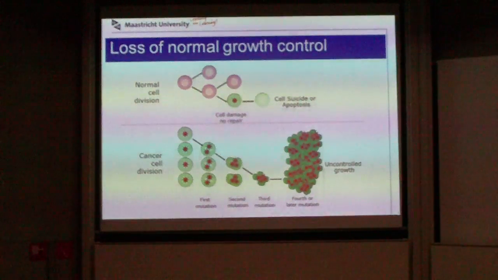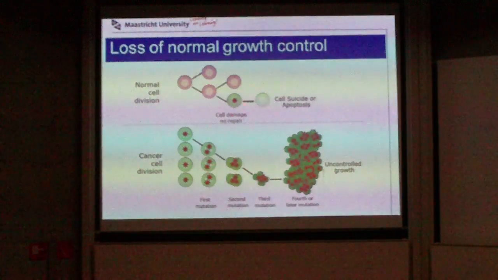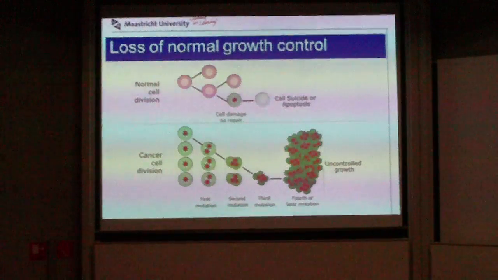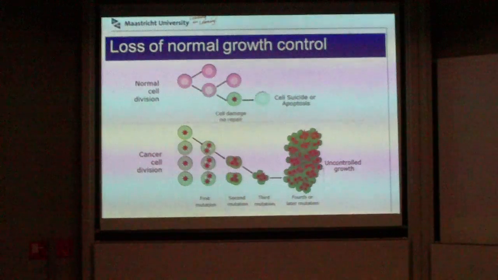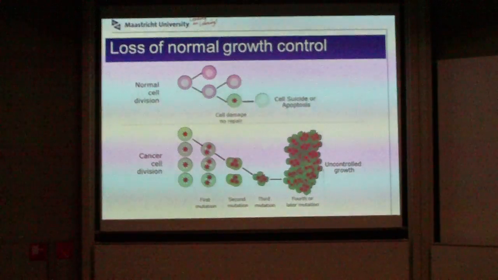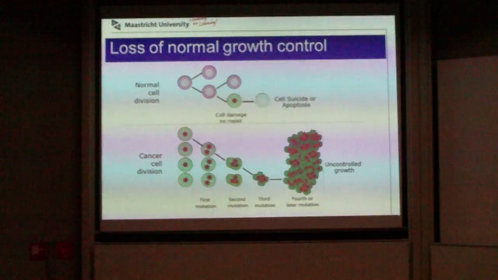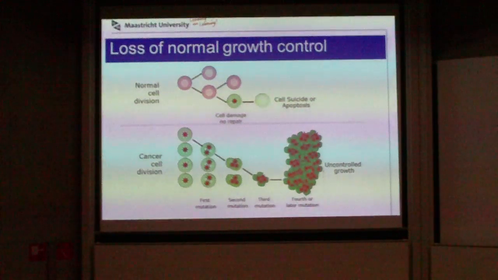But if it's unrepaired, then there's a second line of defense. If its modification is lethal in itself, the cell simply dies, or if this damage is so extensive, the cell kills itself by a process called apoptosis. So then nothing goes wrong.